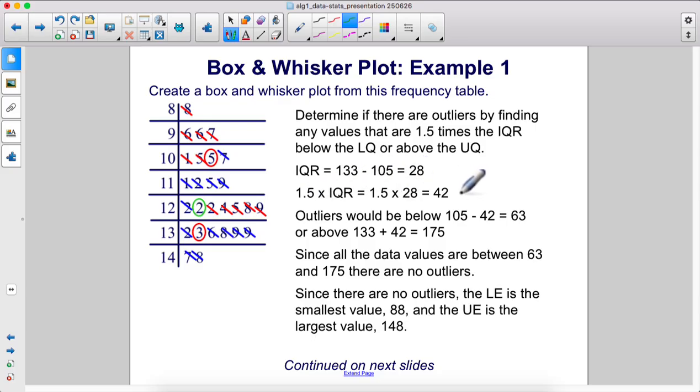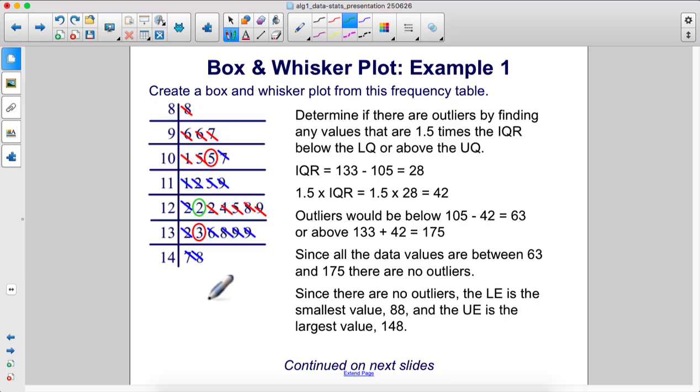Therefore, outliers would be below 105 minus 42, which is 63. And no, there's no numbers below 63. And outliers above the data set would be 133 plus 42, which would be 175. Since all the data values are between 63 and 175, there are no outliers.